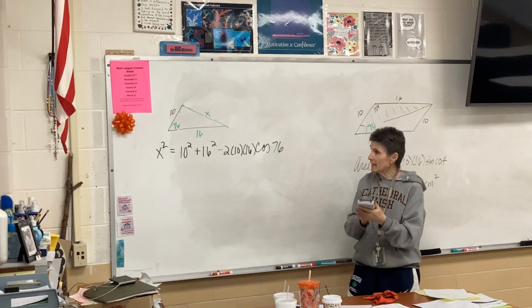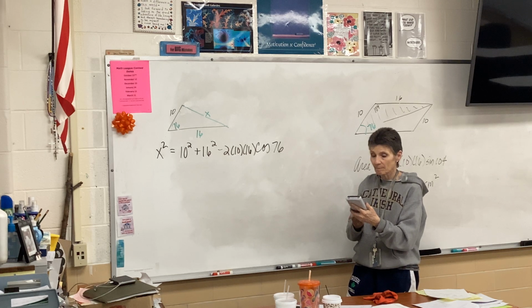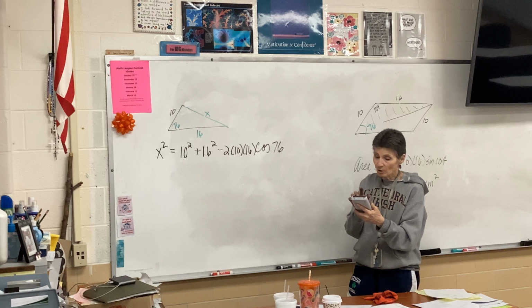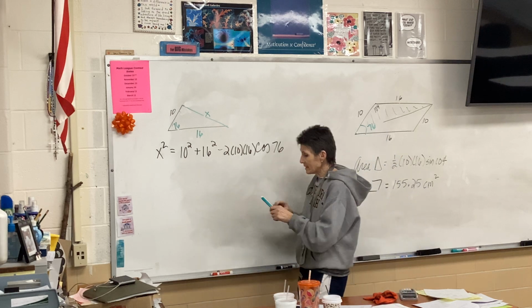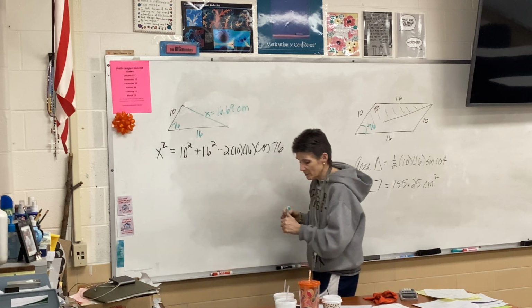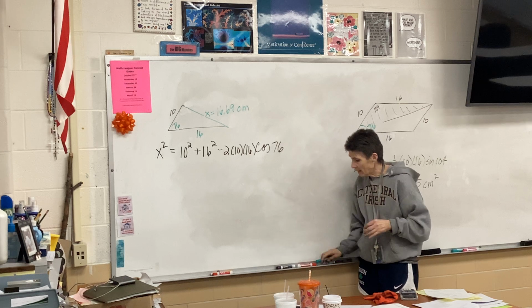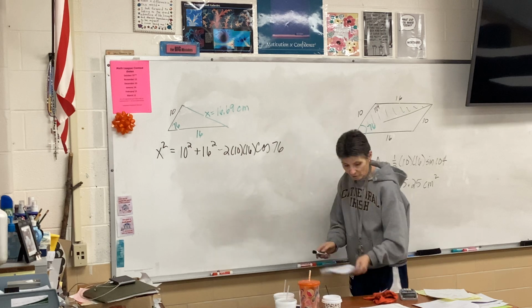So I can go straight to my calculator and 10 squared plus 16 squared minus 2 times 10 times 16 times cosine 76. Don't forget to square root it. Don't say 278. Gotta square root it. 16.69. So that diagonal is 16.69 centimeters. Don't say square, it's not an area, it's just plain centimeters because we are finding the length.